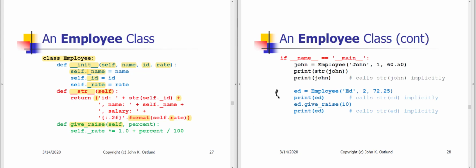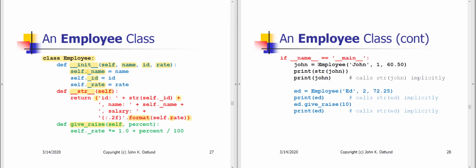And here, continuing on in the same file, very likely the name of this module is something like employee.py. And so underneath the class definition code in that same file, we have our test whether dunder name is equal to dunder main. And if so, we will hire a couple of employees and test them out.